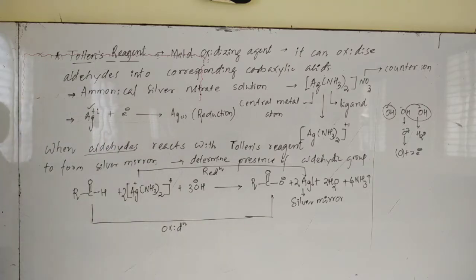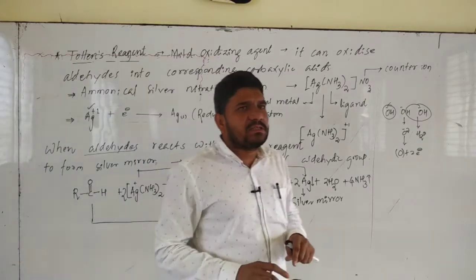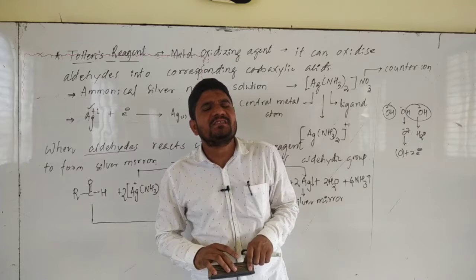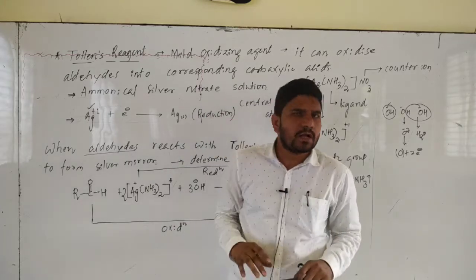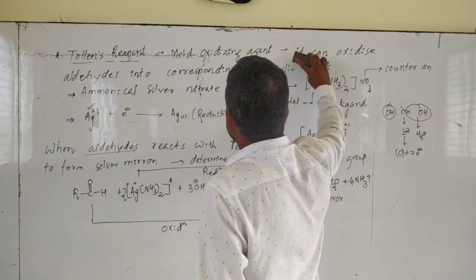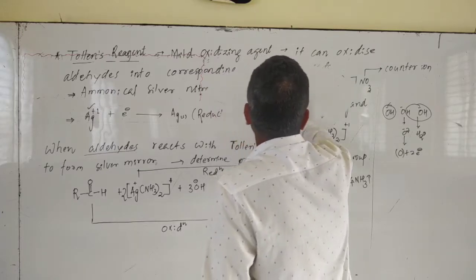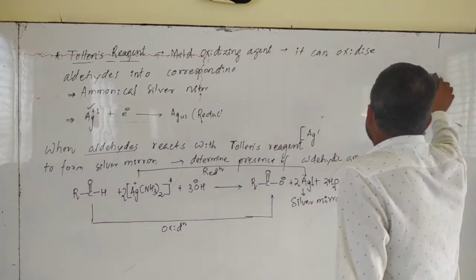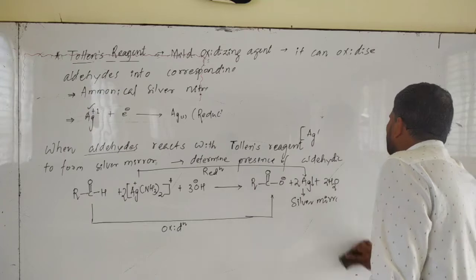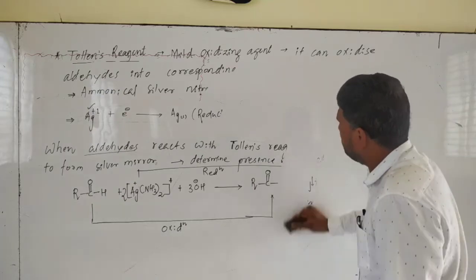Understood? This one is used as a lab test for the determination of the presence of aldehydic group in the given organic compound. If the given organic compound contains aldehydic group, then on reaction with Tollens reagent, it forms what? Silver mirror.